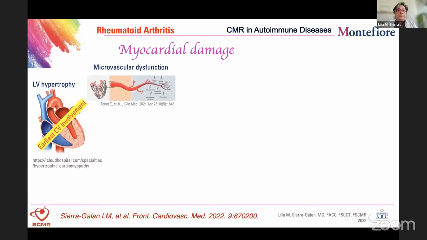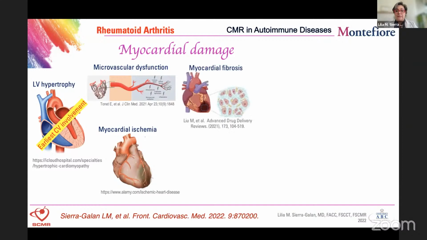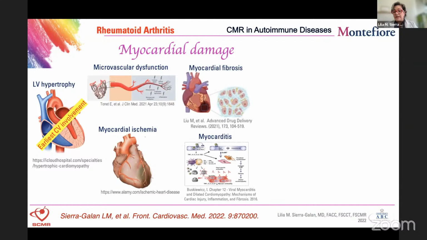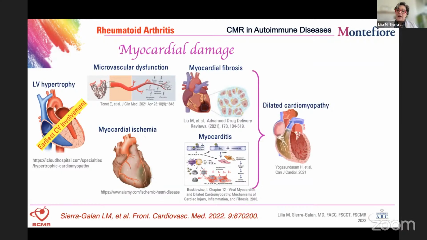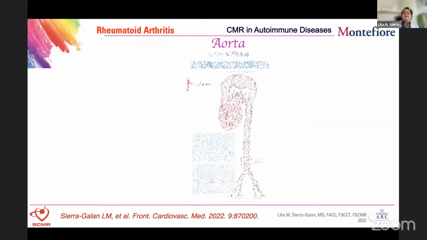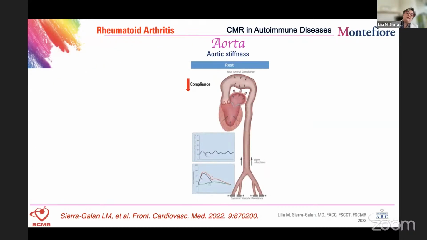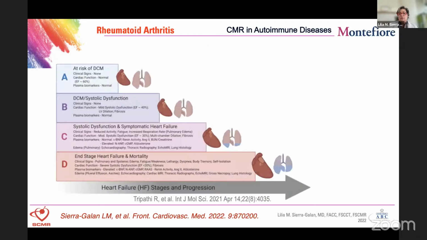And again, we are going to have microvascular dysfunction, myocardial ischemia, myocardial fibrosis, myocarditis again, and all of those are going to produce dilated cardiomyopathy, and also the rheumatoid arthritis will produce problems in the aorta. We are going to have loss of compliance and an aortic stiffness with all the consequences of those problems.